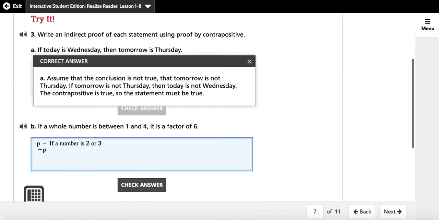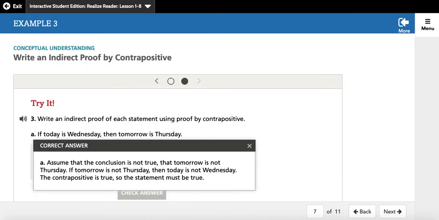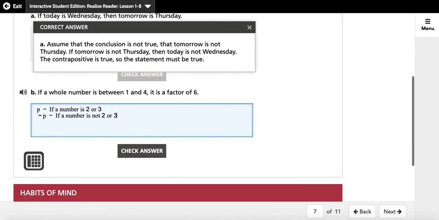The opposite of P. If a number is 2 or 3, so the opposite of P would be a number is not 2 or 3. And I shouldn't have the word if. There we go. All right, what's this part? Whole numbers between 1 and 4. It is a factor of 6.